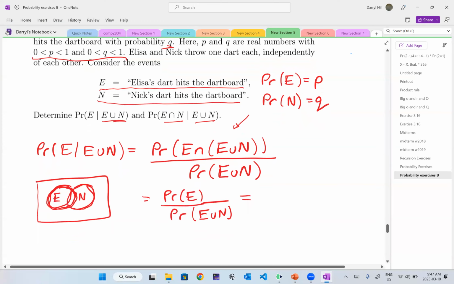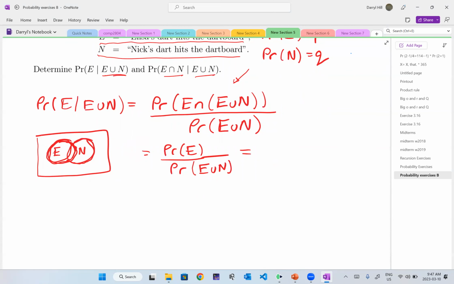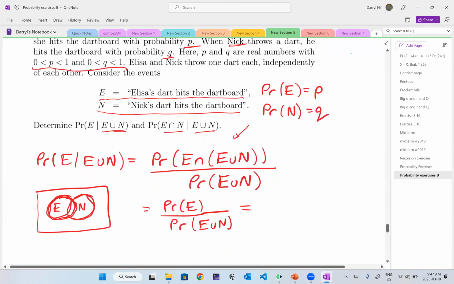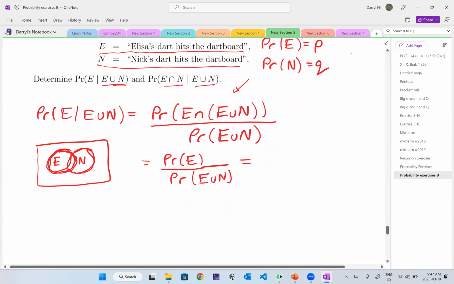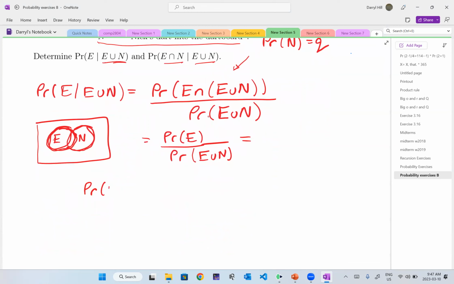Okay, we know the probability of E is P, so what's E union N now? Unions and independence don't always work so well. But we can convert it into these independent events by, of course, inclusion-exclusion.